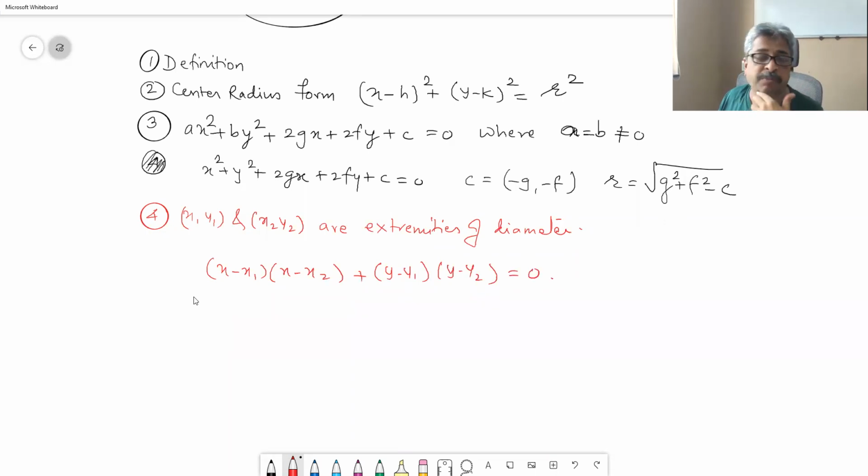Here, slope is m1, m2. Again, we can solve this using locus method. Any point on the locus, m1 m2 is minus 1. Then fifth.